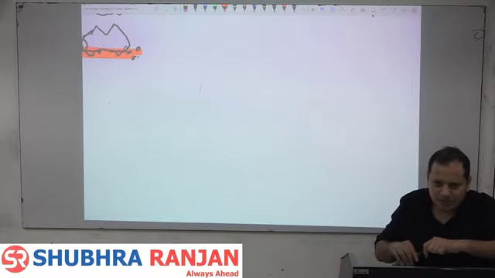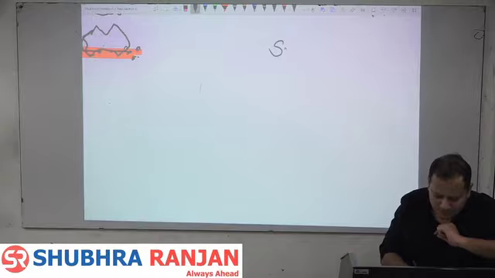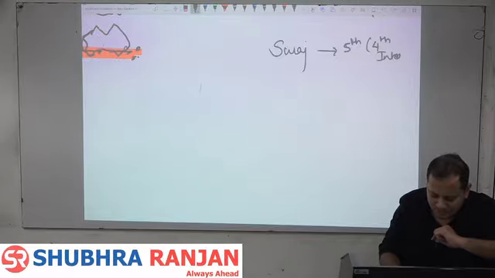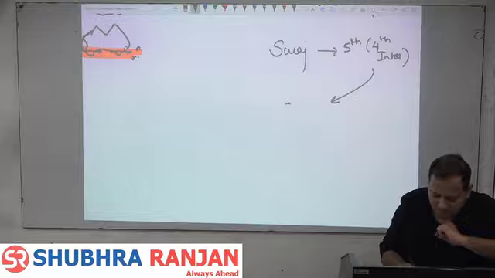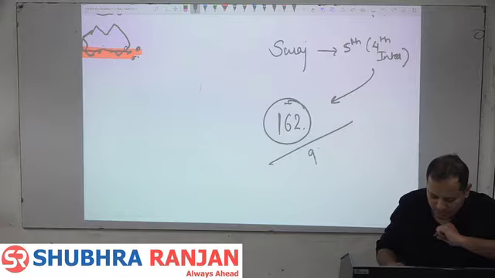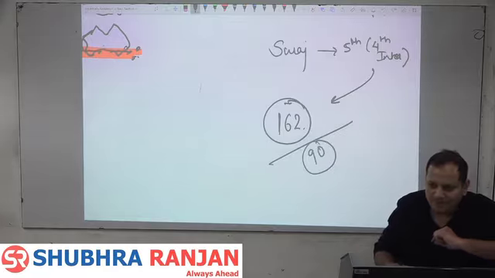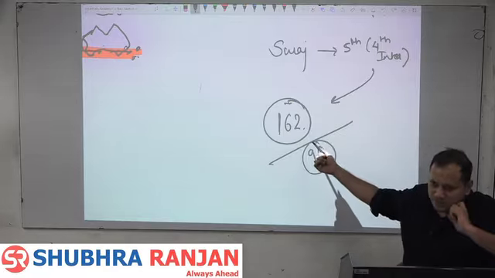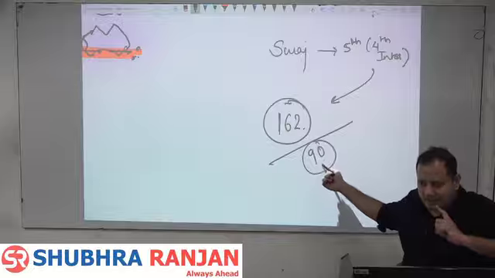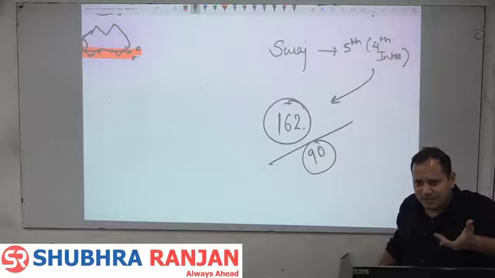And I know a student, Suraj, 5th mains, 4th interview. Paper 2, paper 1, 162. Last year, paper 2, 90. Means what does it show? He has enough knowledge. I said, what you did in paper 2, did you change? You were saying, पता नहीं, luck खराब था.